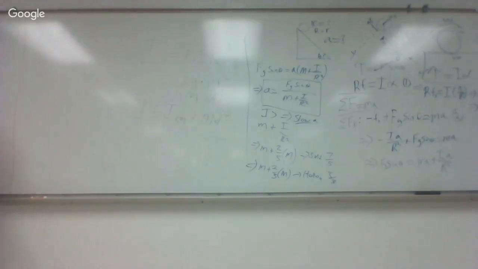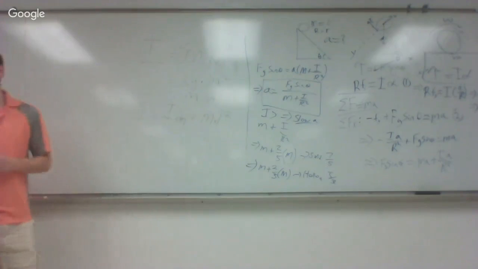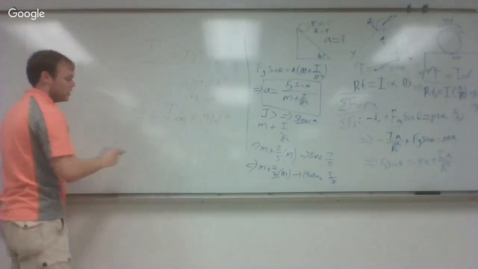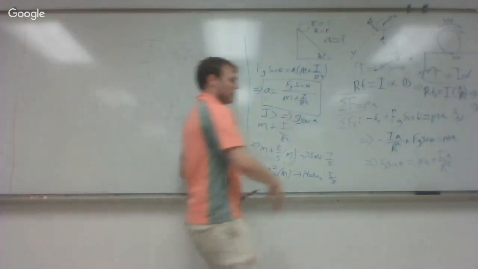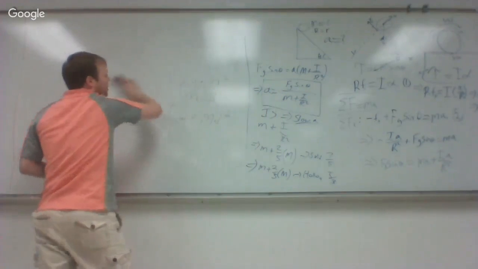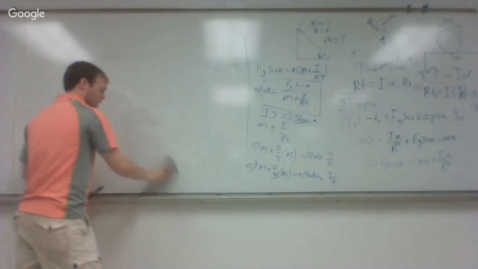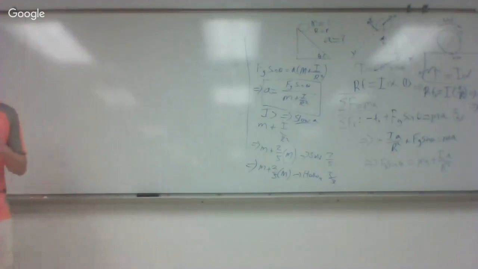The next problem is just using energy, right? So we talked about the fact that there is now going to be rotational energy. We no longer just consider the kinetic energy to be 1/2 m v squared. We now have to consider the rotational energy as well.